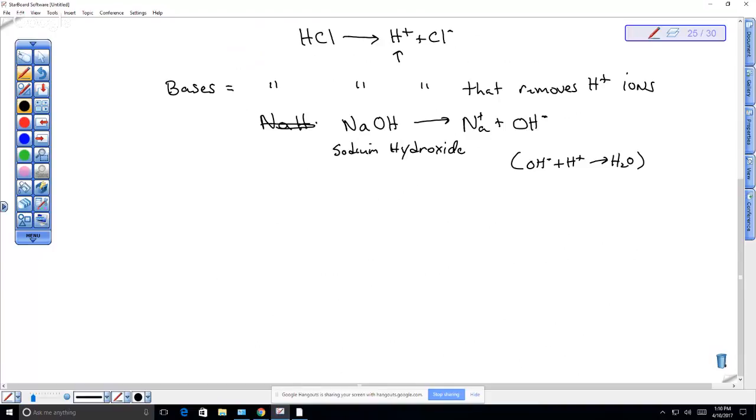Okay, so when we are measuring the acidity or the alkalinity, we sometimes refer to the pH. The pH is a measure of the concentration of hydrogen ions in solution.